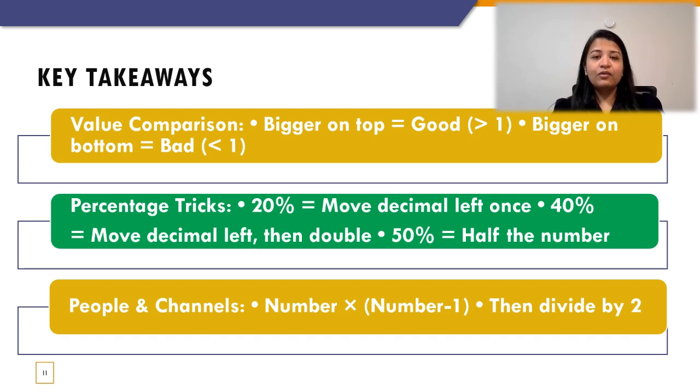And the last one was to find the number of communication channels, which is to apply the formula in a 3-step approach: first take the number given in the question, multiply it with the next lower number, and then divide the entire result by 2.